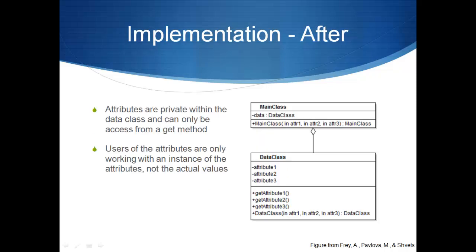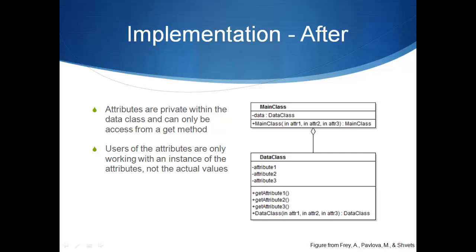So after you break this out, you're going to see you now have two classes, a main class and a data class. The main class is just going to have the different methods that you want to use the data class with. In the data class, you move all your variables down below, and then you have the different get methods as evidenced here.